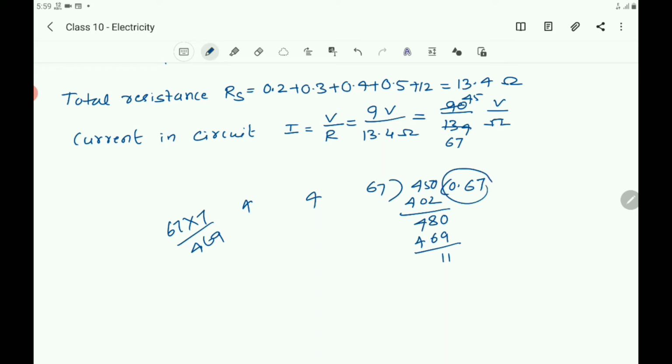This much is okay. So you have 0.67 ampere of current.